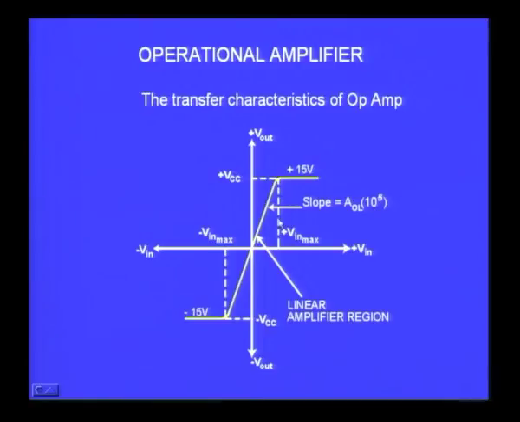So, beyond that 150 microvolts, the output saturates at plus 15 volts. Whatever input voltage you apply, it cannot be multiplied by that 10 power 5, because if you multiply by 10 power 5, you get a much larger number, and such high voltages cannot be generated because the applied voltage itself is plus 15. Therefore, it will saturate at plus 15. Similarly, on the negative side, minus 15.